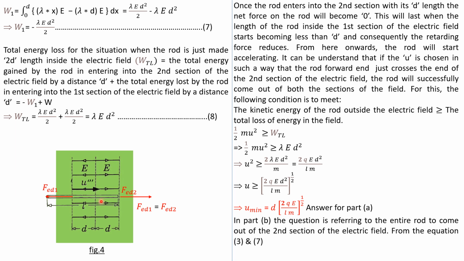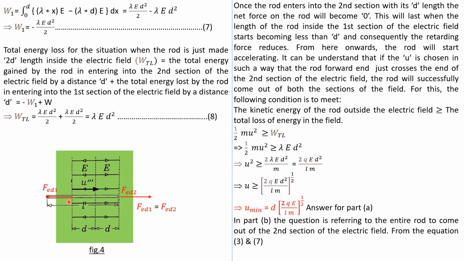So now we have got that for this situation, the energy lost in the rod is this much, and the initial energy before entering the E field was only the kinetic energy, that was half m u square.